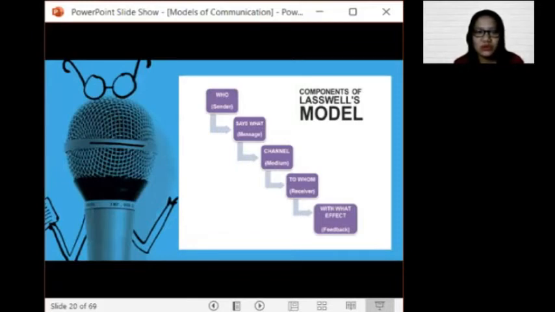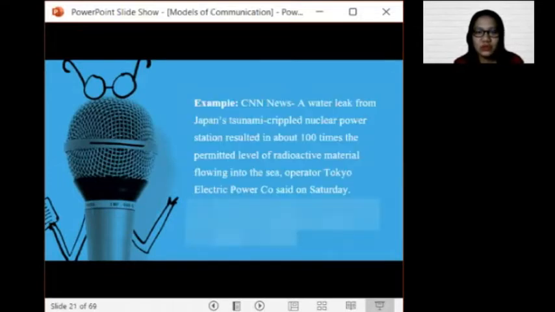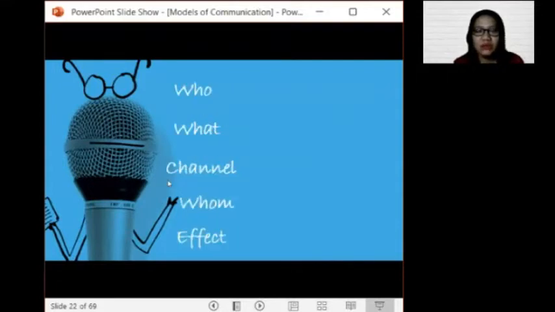So here we're going to give an example, which is also related to the different elements of Laswell. According to the operator of Tokyo Electric Power Corporation, or TEPCO, there was a radioactive material present in the sea, and this was being aired on CNN news. Now we're going to identify the sender of the information. So who sent the information? The TEPCO operator, or Tokyo Electric Power Corporation.